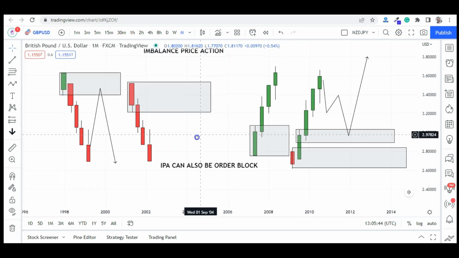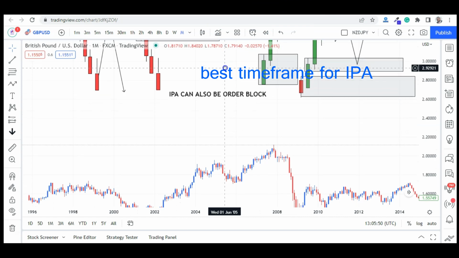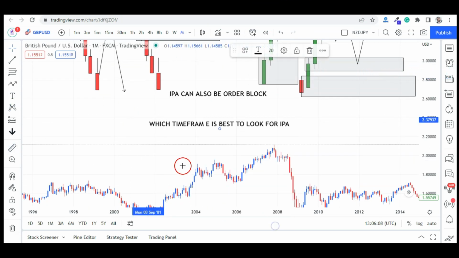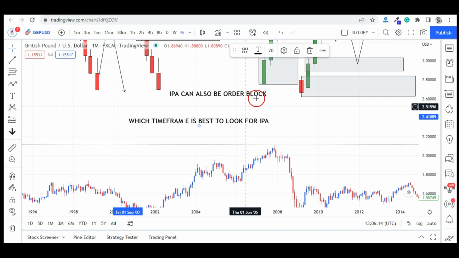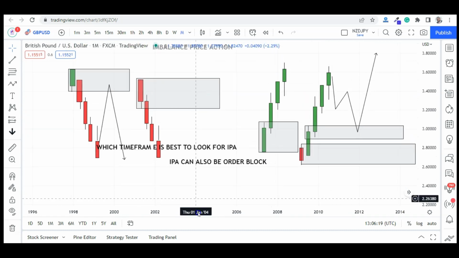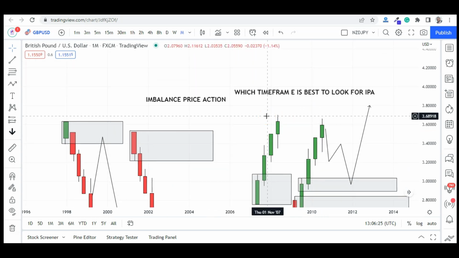Also, which time frame is best to look at IPA? Now, which time frame is best to look for IPA? From my experience, IPA on the higher time frame have a higher probability of being respected than IPA on the lower time frame.